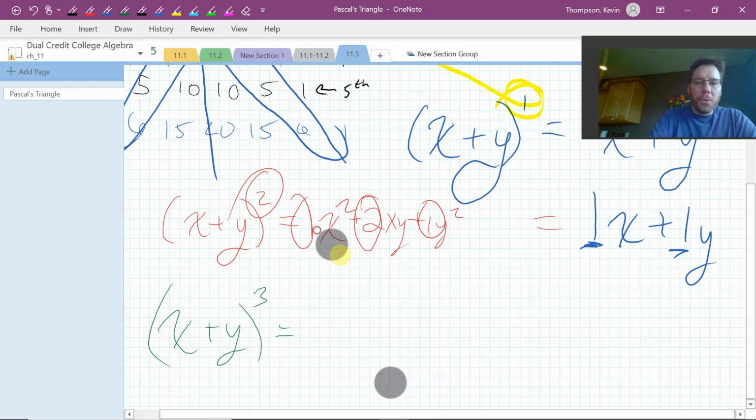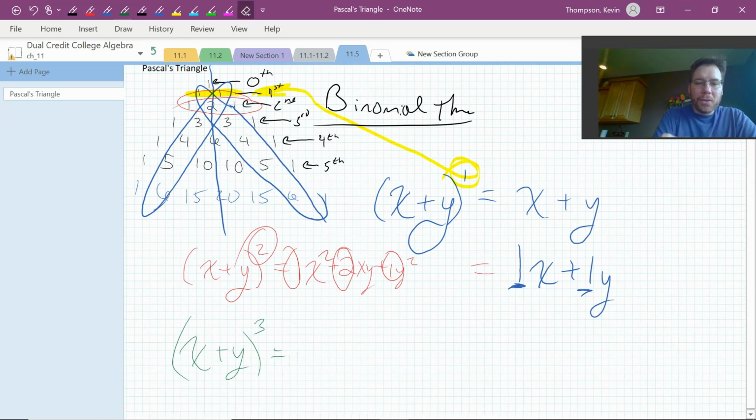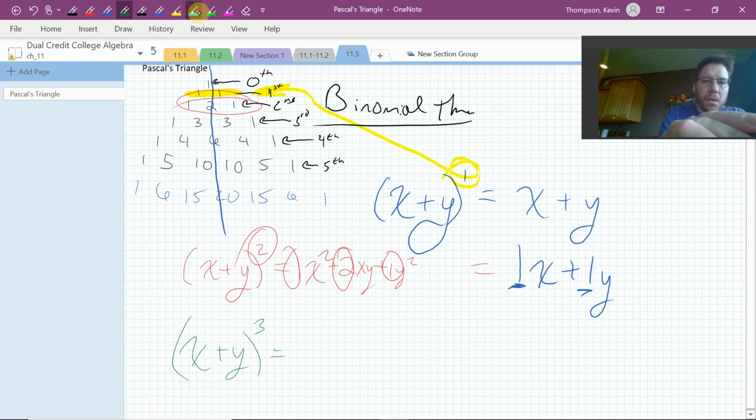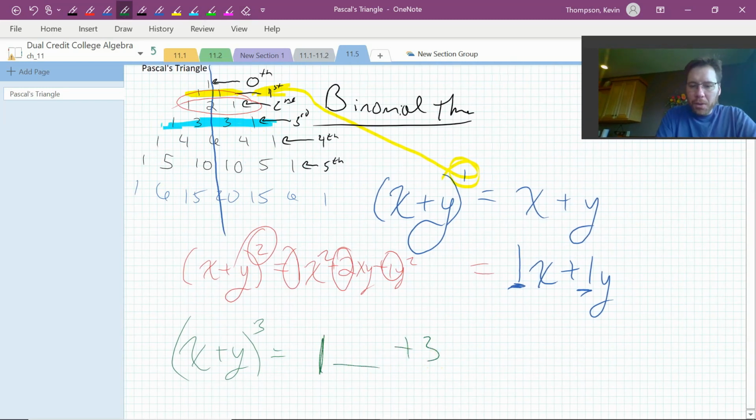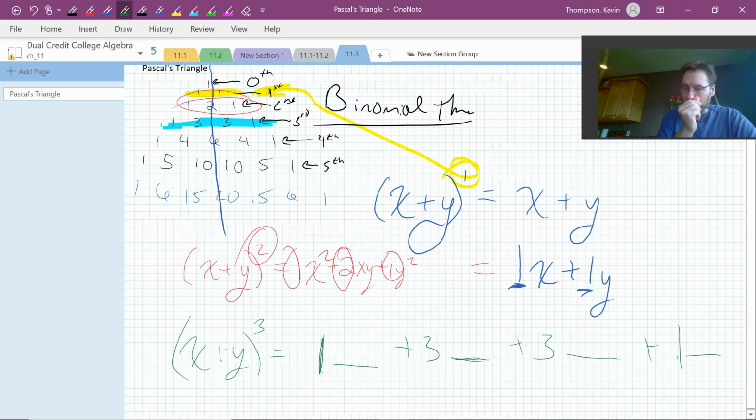But we would know right now that that answer must be connected to 1, 3, 3, 1. So I actually know right now that this answer is 1 something plus 3 something plus 3 something plus 1 something. I'll just leave some blanks in there.